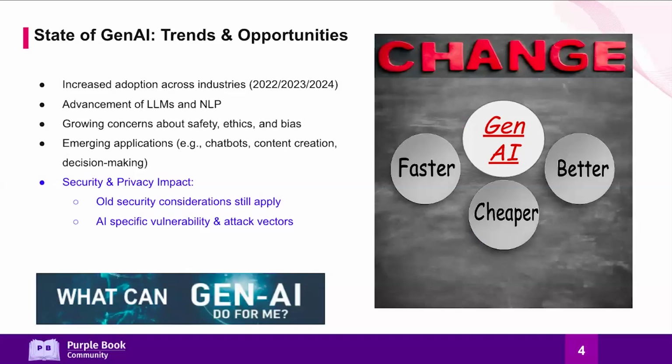My first slide is talking about the Gen AI state, where we are today. What are our trends? What are our opportunities today? And before even saying anything about that, there are two things. Usually the main question is, what can Gen AI do for me? Right? That's usually every single person.